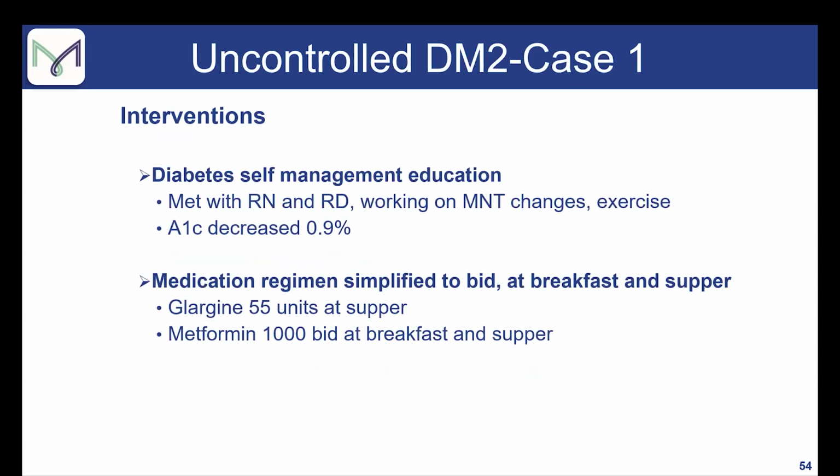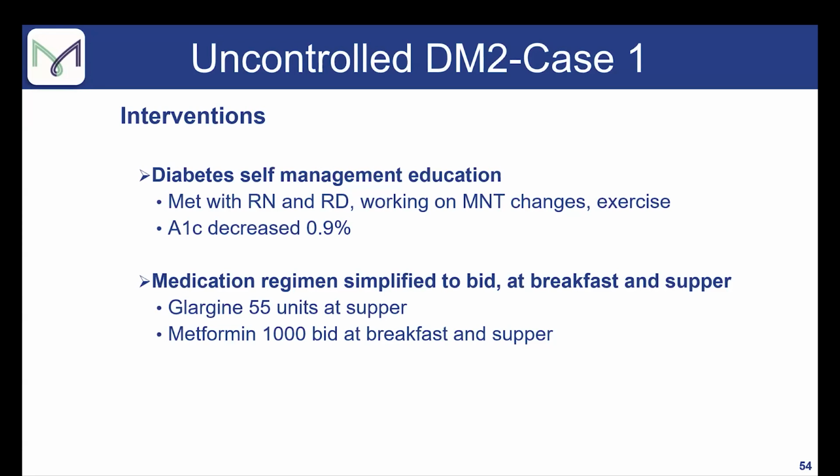But then our next intervention was to revamp her medication routine. We simplified it to BID because that's what she felt she could consistently maintain at breakfast and supper. Her basal insulin was combined into 1 dose at supper. Metformin was continued. We didn't go to the ER because she had a whole lot of these and wanted to use them up.